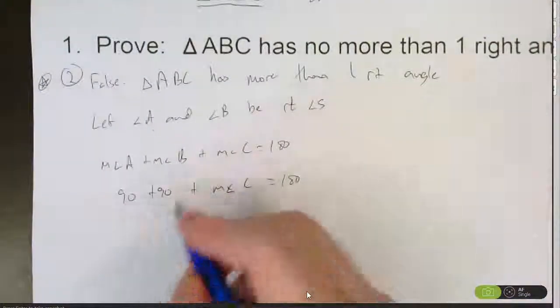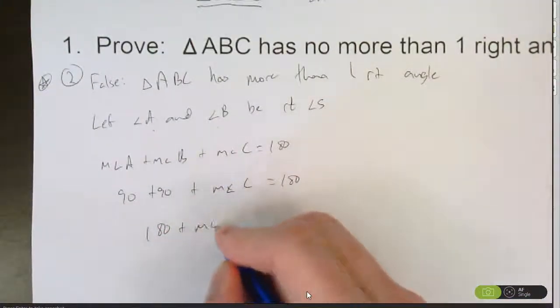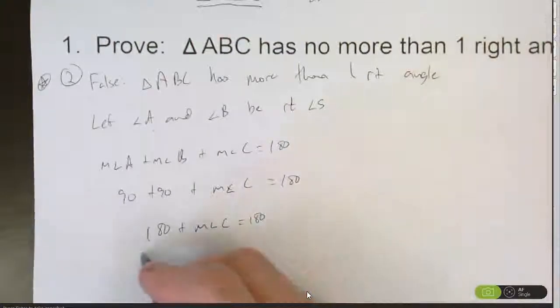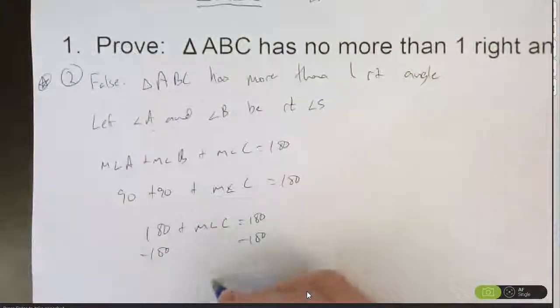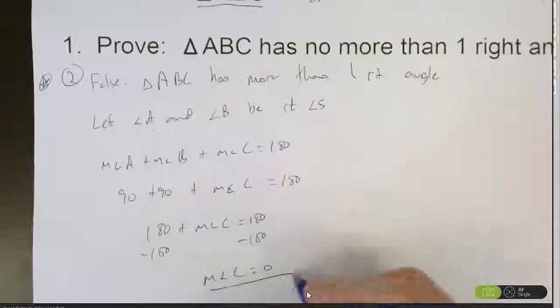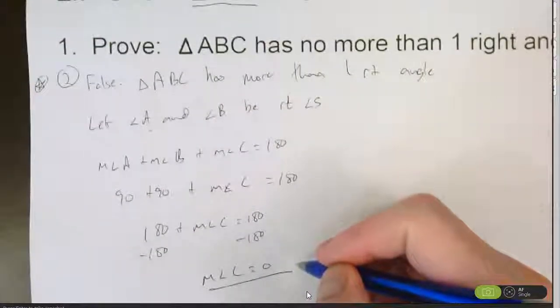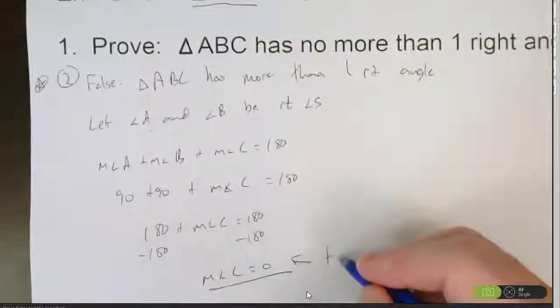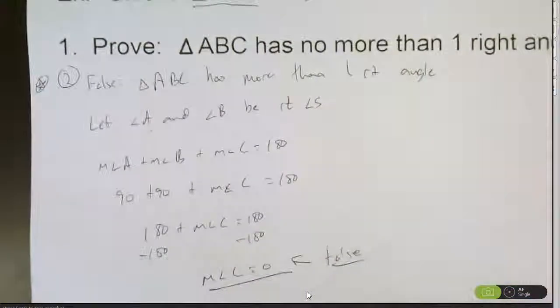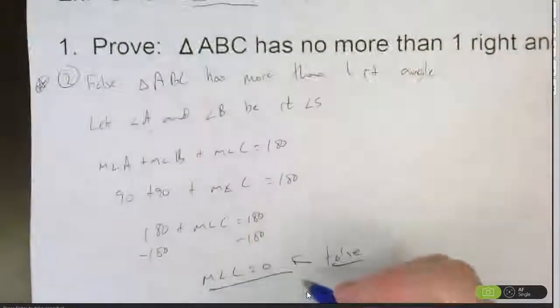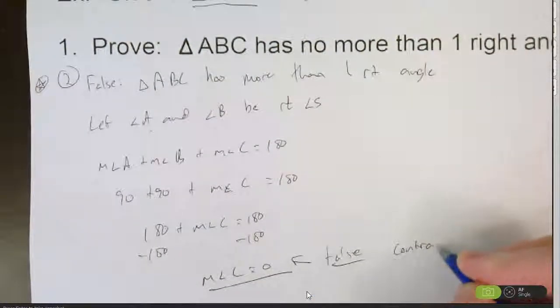Well, 90 plus 90 is 180. When I subtract 180 from both sides, I get the measure of angle C is 0. That can't happen. That's got to be false. You can't have an angle in a triangle that's 0 degrees. So since we get our false statement, there's our contradiction.